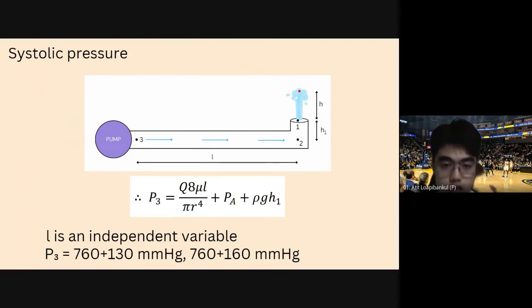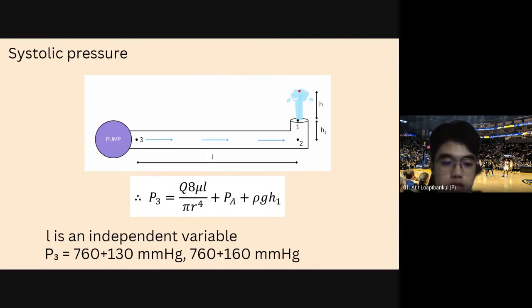And same as our simulation, we have to alternate the blood pressure between systolic pressure and diastolic pressure. The way to do that is to cut a hole under the tube in order to alternate the pressure, and using the servo, which I will talk about later in the diastolic part. But in systolic pressure, I have to use two values of pressure, right? I have to find that. So let's talk about systolic pressure first.